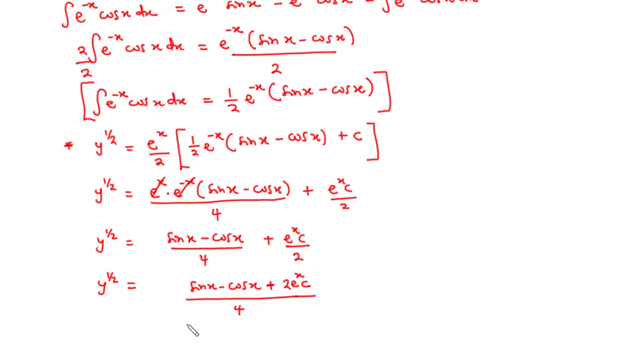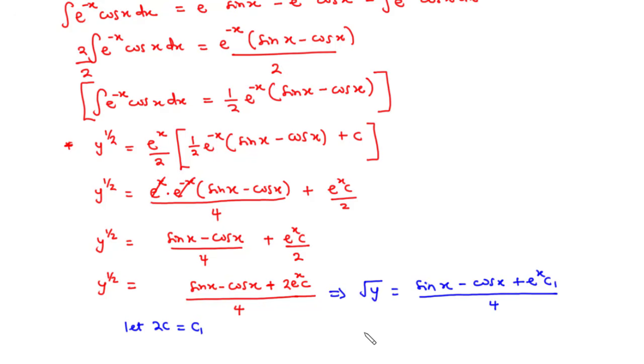So at this point, we can let 2c be equal to c1. And then we can express y to the power 1 over 2 as square root of y. So we have square root of y, and that is equal to sine x minus cos x plus e to the power x times c1, all divided by 4.